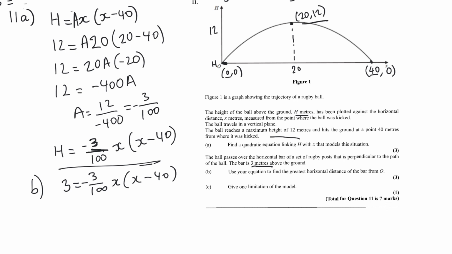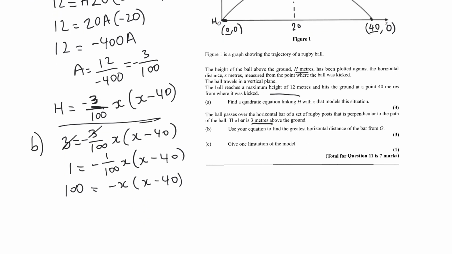The 3's would cancel out, and you're left with 1 equals minus 1 over 100 x minus 40. Then you can multiply both sides by 100, and that leaves you with 100 is equal to minus x minus 40.